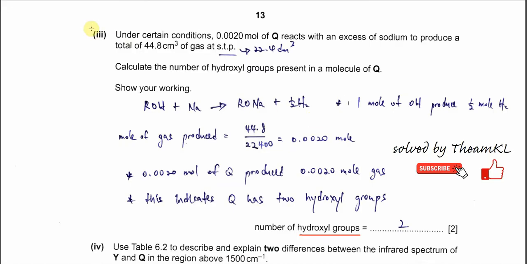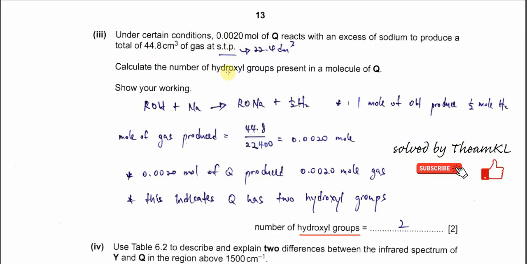Okay, now let's move on to part 3. Under certain conditions, 0.002 moles of Q react with excess sodium to produce a total of 44.8 cm cube of gas at STP. STP molar volume is 22.4 dm cube.